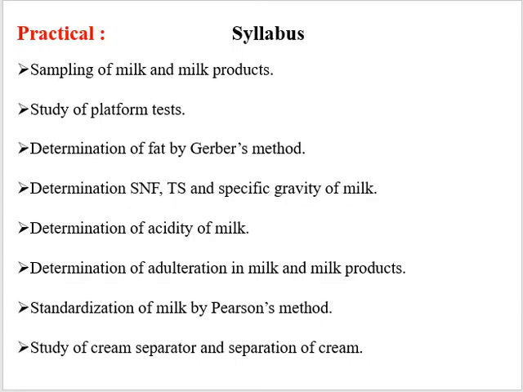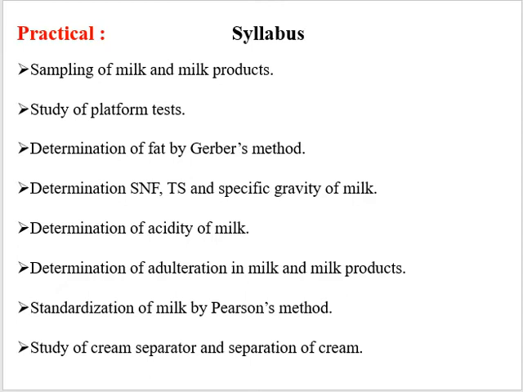So let us see the syllabus, particularly the practical syllabus of this course. In that syllabus, the total number of practicals is 16. Let us see one by one. The sampling of milk and milk products is our first practical.